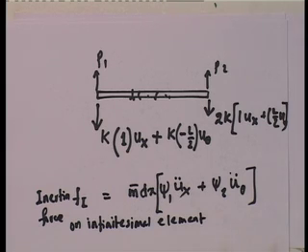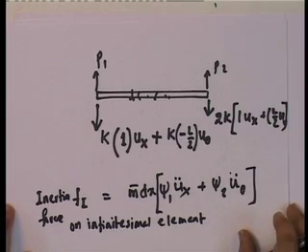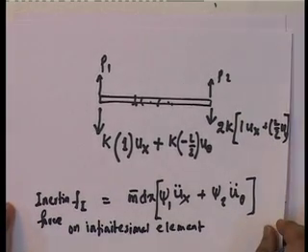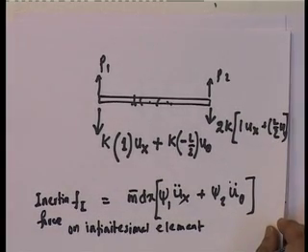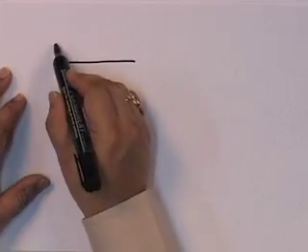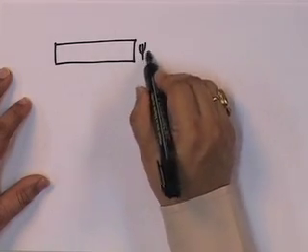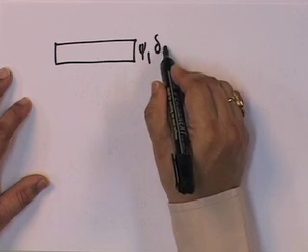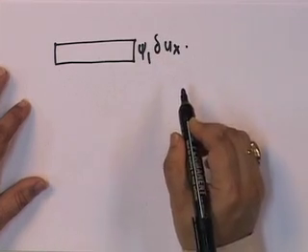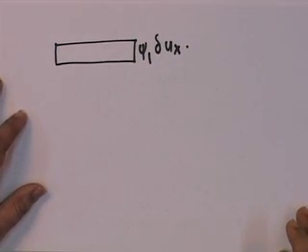Now to solve for u x and u theta, we require two equations. For writing the two equations, the first equation becomes, I am going to give it xi 1 into del u x. That is the virtual displacement that I am going to see.